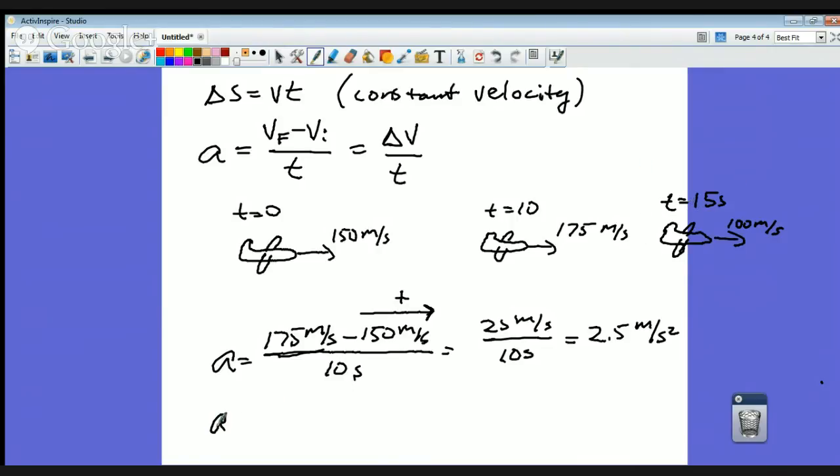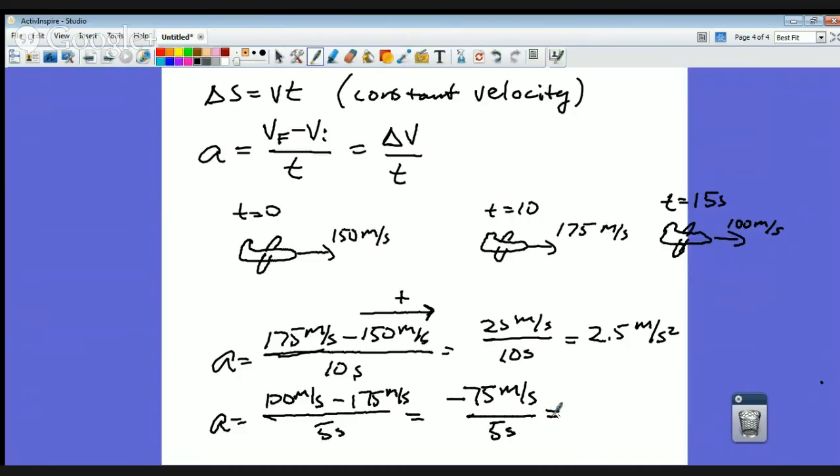So in that case, the acceleration: the final was 100, the initial was 175, and it took 5 seconds. That gives us negative 75 meters per second divided by 5 seconds, so that's negative 15 meters per second squared.